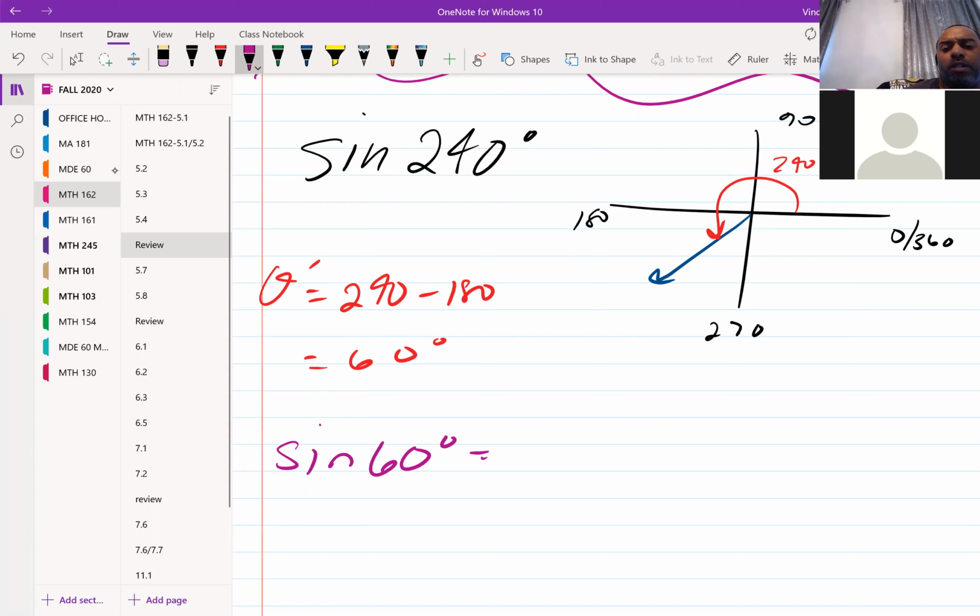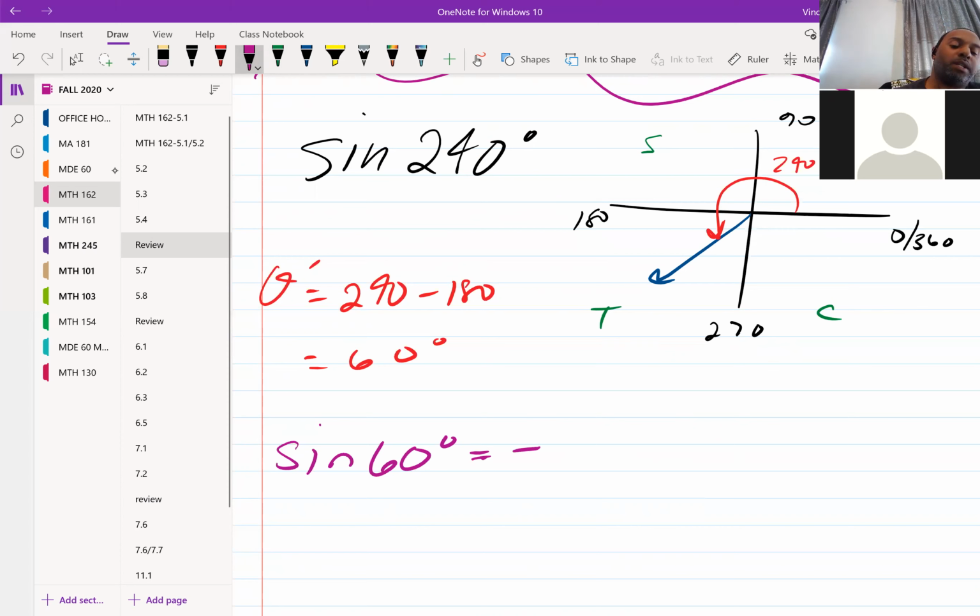But this only matters if you have committed the unit circle to memory, because we already mentioned that all angles are positive in the first quadrant. Only sine and its inverse, cosecant, are positive in the second quadrant. Tangent is positive here, and cosine is positive here. So since we're in the third quadrant, we know that sine is going to be negative.